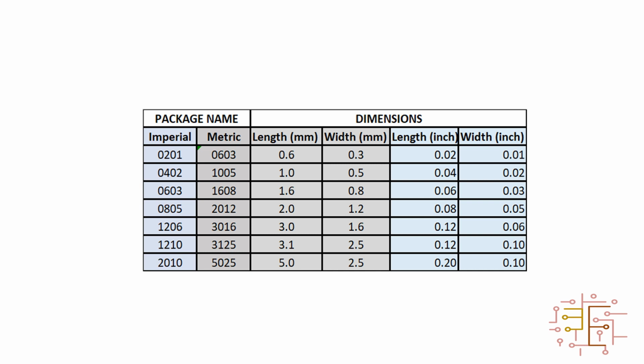So from this you can understand the first two digits of the package name can be obtained from the length dimension by considering the two digits to the right of the decimal point, and the last two digits of the name can be found from the width written in inch by using the two digits after the decimal point.